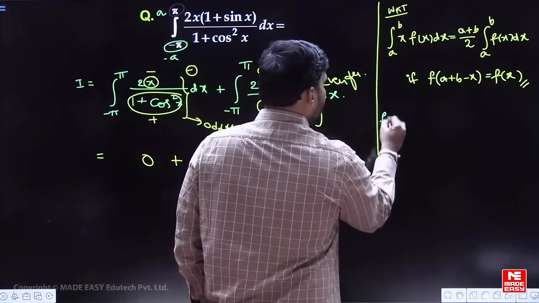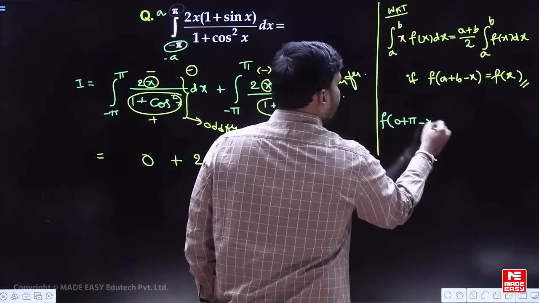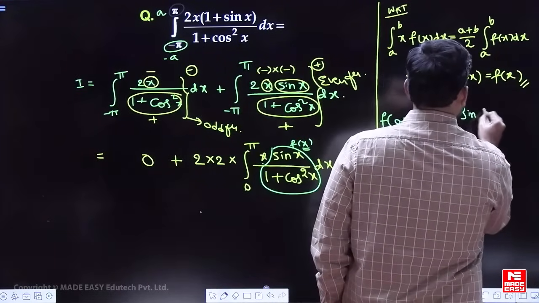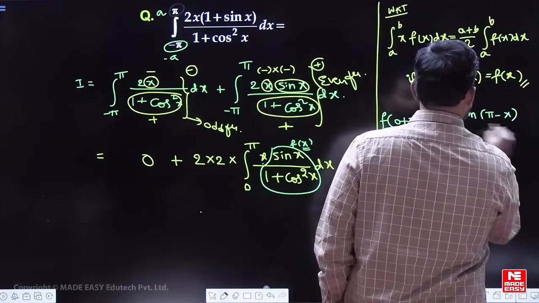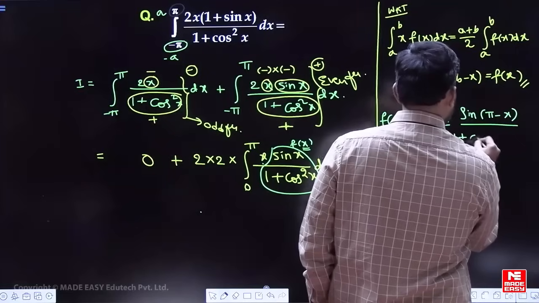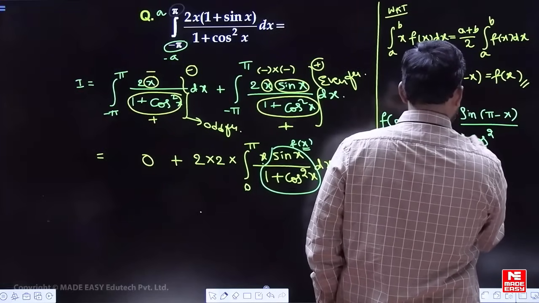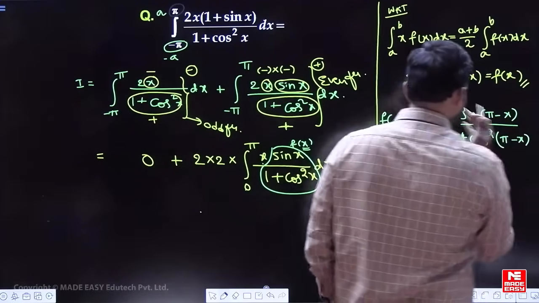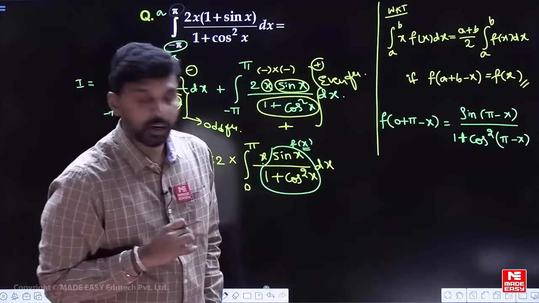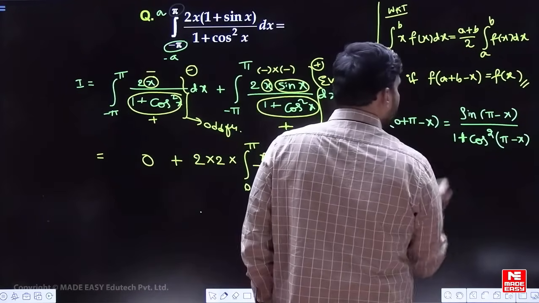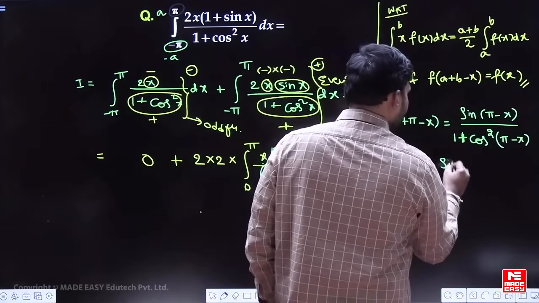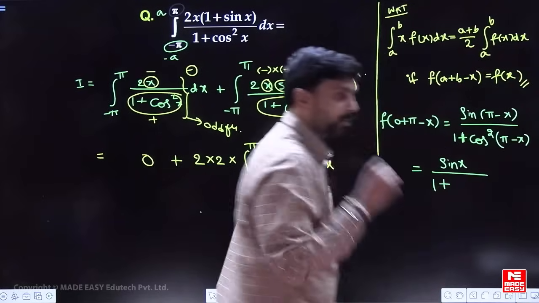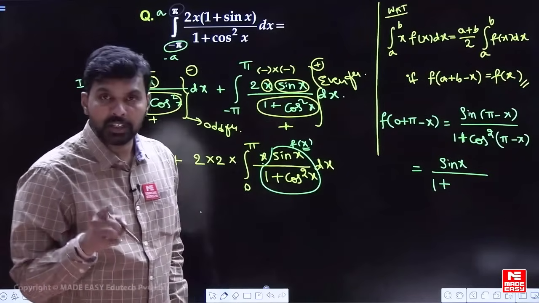Here a is 0 and b is pi, so f of pi minus x is taken, and this function becomes sine of pi minus x divided by 1 plus cos square of pi minus x. So that becomes sine x by 1 plus cos square of pi minus x. So pi minus x is the second quadrant.